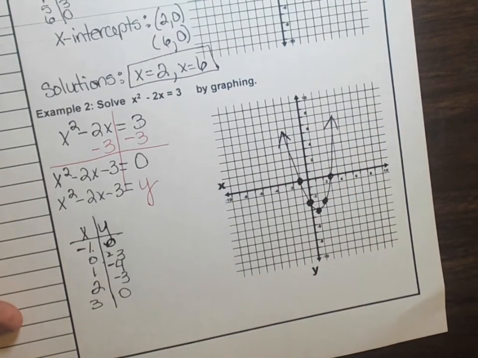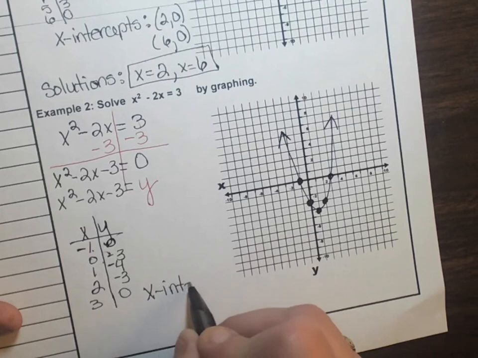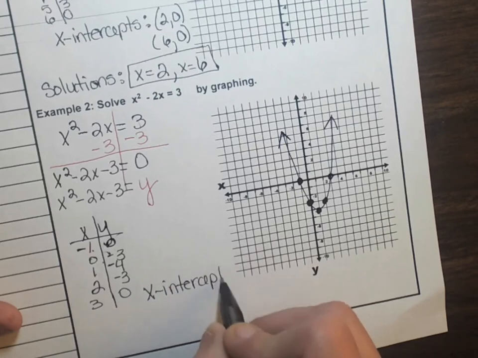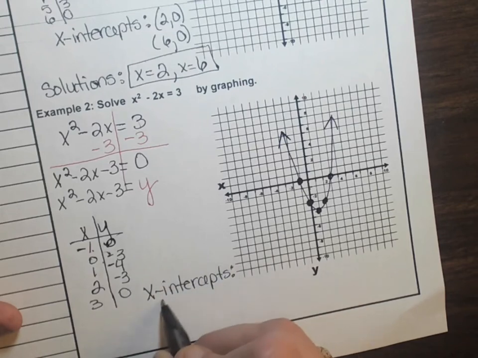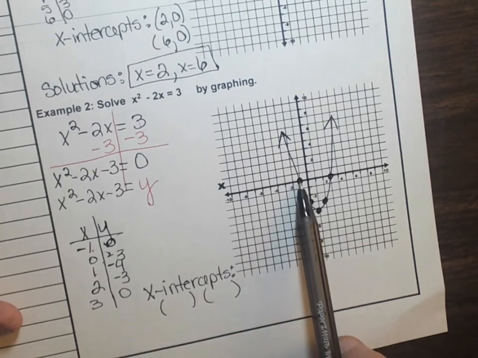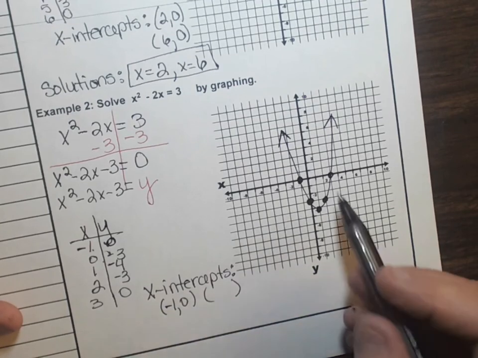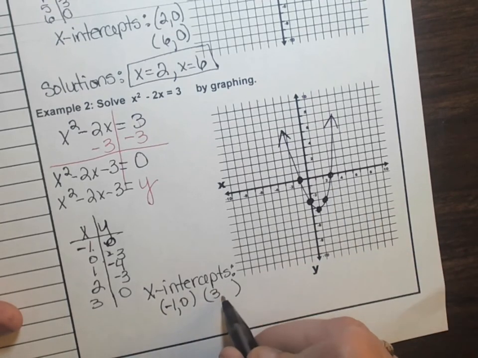This time my parabola opens up. Again, you are to identify your x-intercepts. That is, where does your parabola cross the x-axis? And again, in this case, it crosses the x-axis twice. The first point is -1, 0. And the second point is 3, 0.